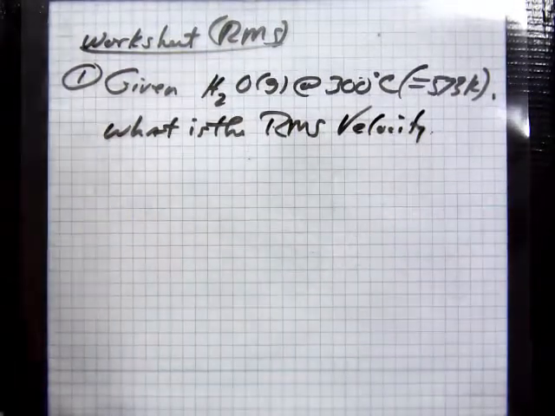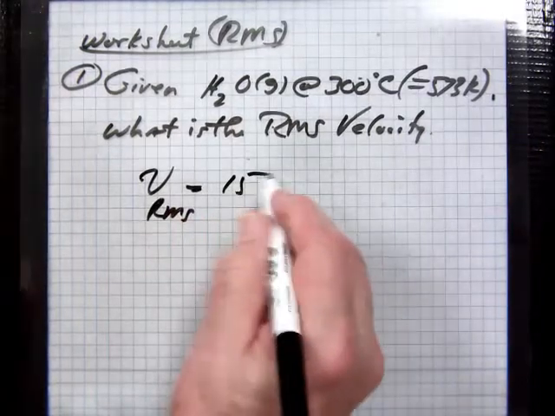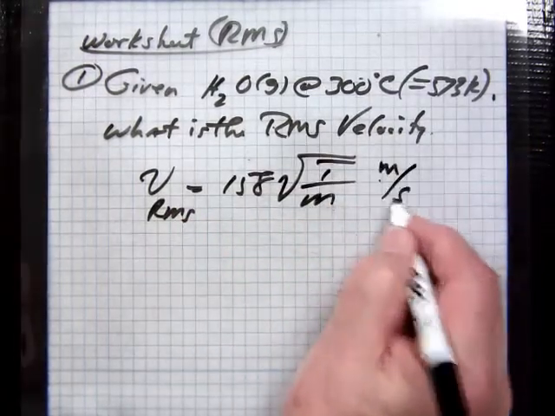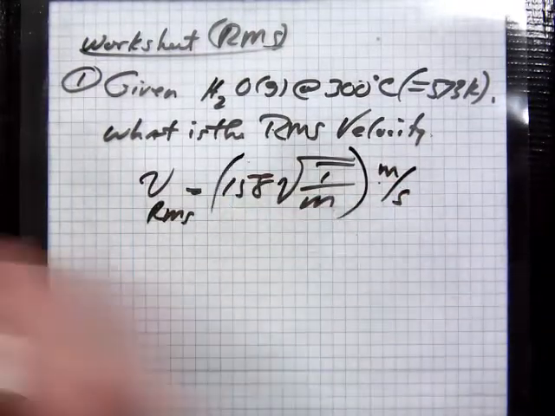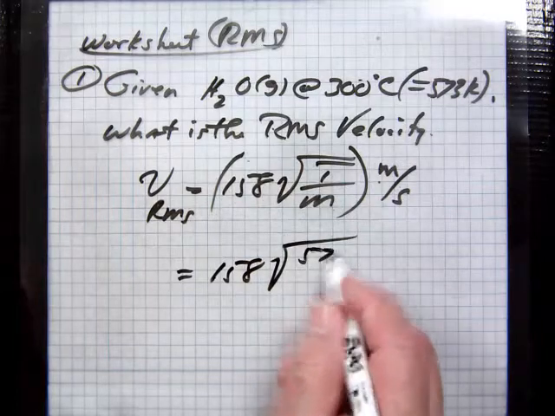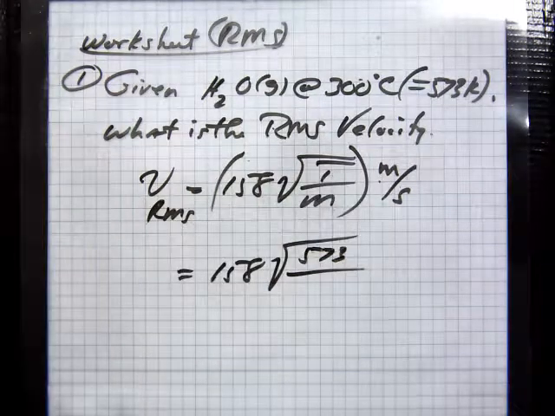Okay, what you need to remember here is simply RMS velocity is 158 square root of T over the mole weight, and that all comes out in meters per second. When you plug in the numbers, 158 and 573 Kelvin, don't worry about units now. This comes out in meters per second.